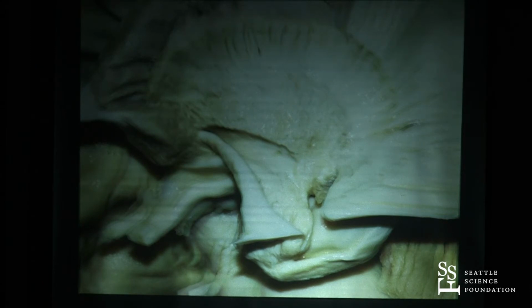Louis Gratiolet is one of the most important neuroanatomists in France in the last half part of the 1800s, and he's the one that described that the sulci and gyri have an organization. We'll come back to this later.